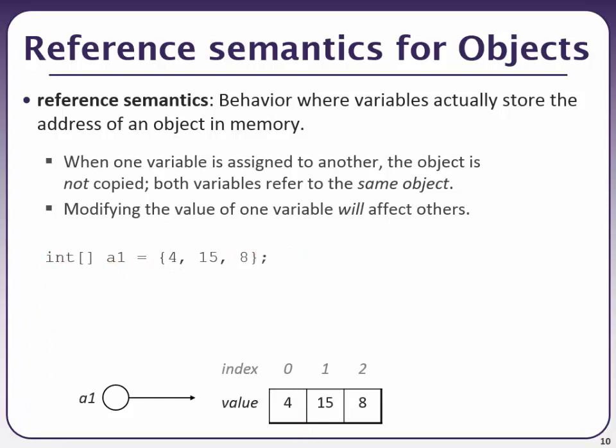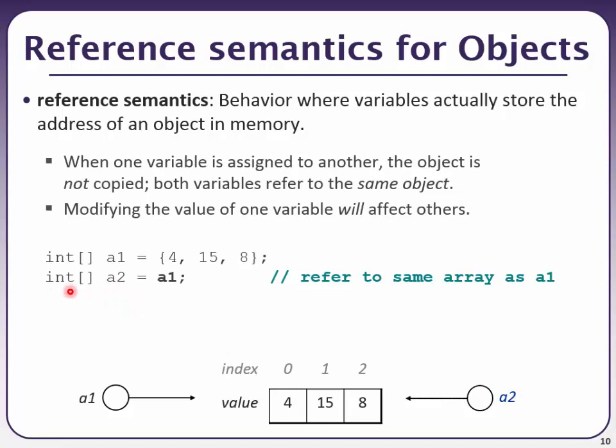Okay? Now let's add a little bit to this example, and let's dig into what is interesting from the perspective of reference semantics. So let's define a second variable A2. Same data type, array of elements, and those elements are of primitive data type int.